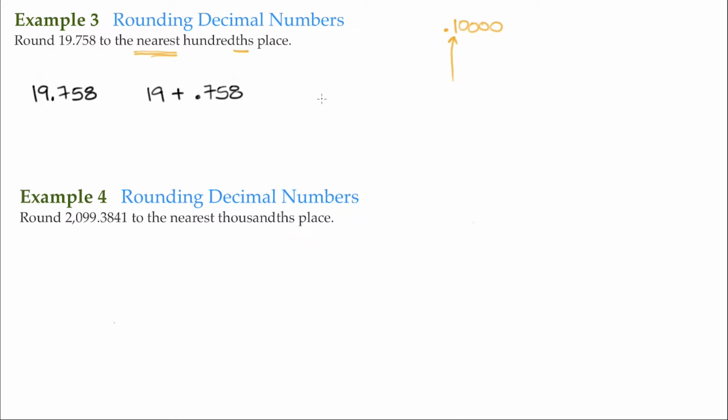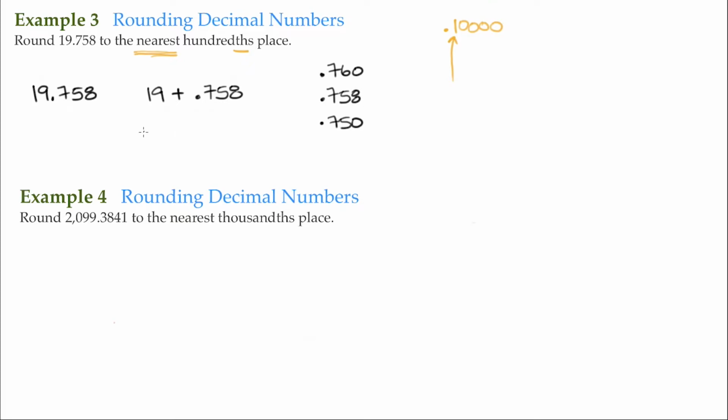So I have 0.758, and of course, since we're looking for the nearest, then it's either 0.76 or it's 0.75. And what determines it? Again, it's the digit to its right. If it's 5 or greater, then we go up to 0.76. If it's less than 5, then we go down to 0.75, and you can see it's 5 or greater.